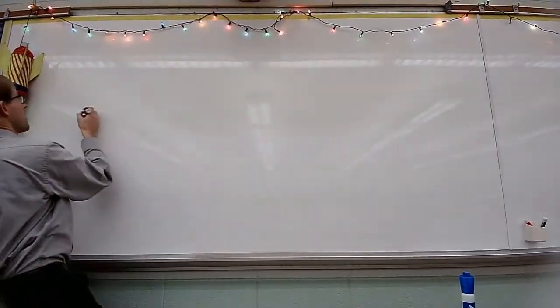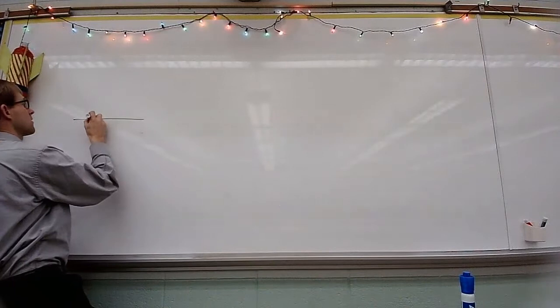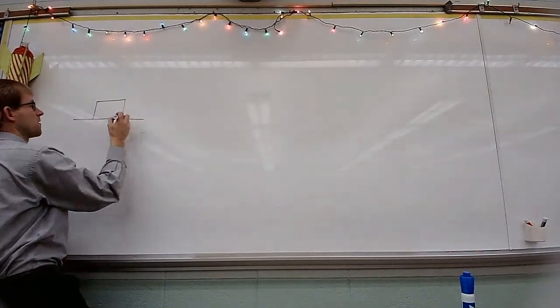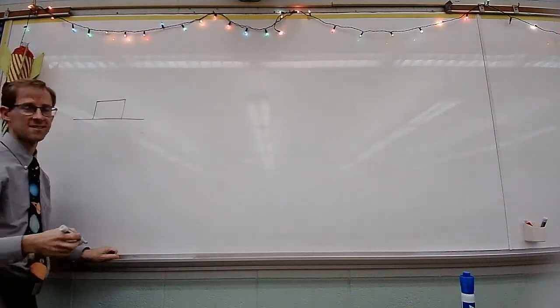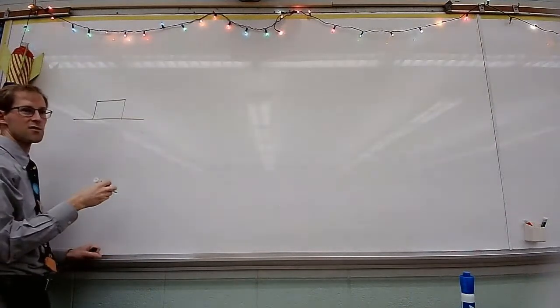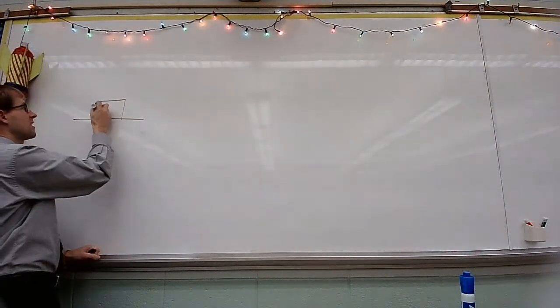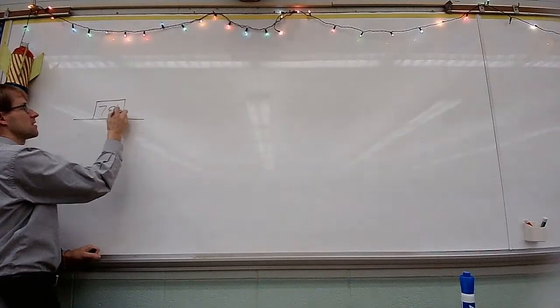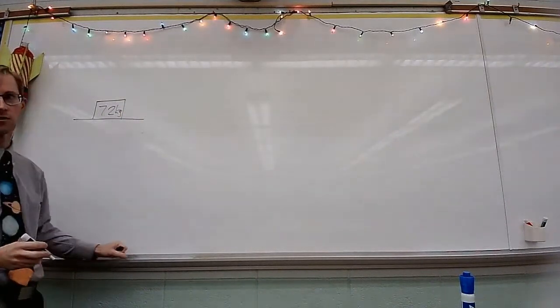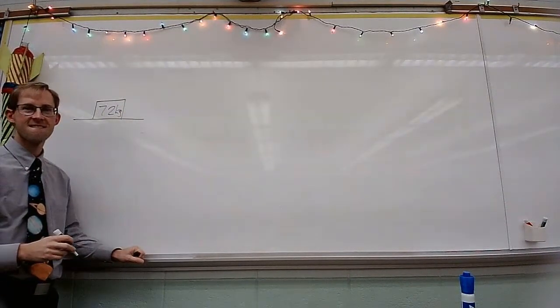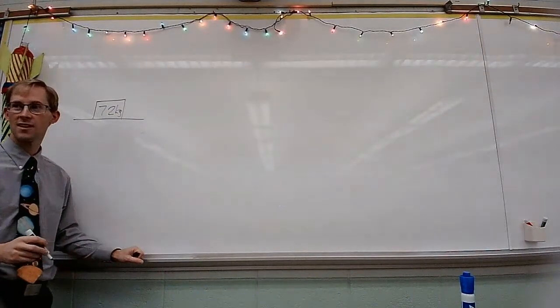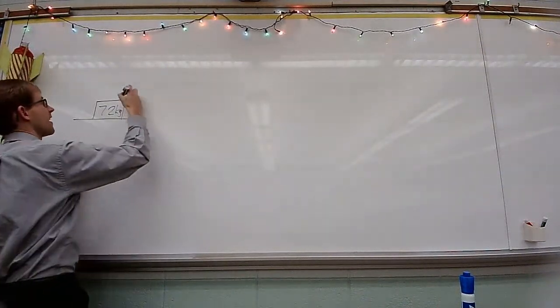Okay, so we need a couple things here. First off, what's a fun mass to use? What number? 72. 72 kilograms is the mass of this box. And what's a good angle to use? I would say 50. 50 degrees, all right.